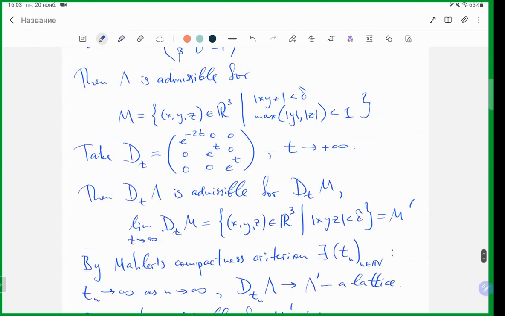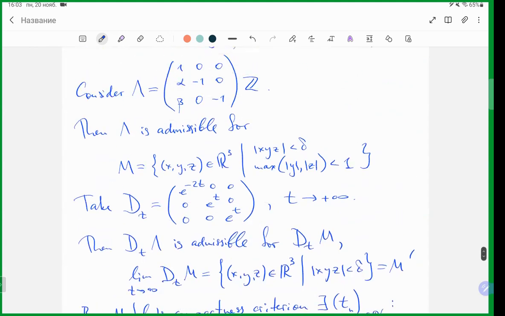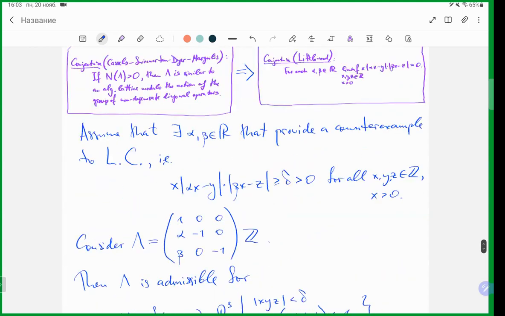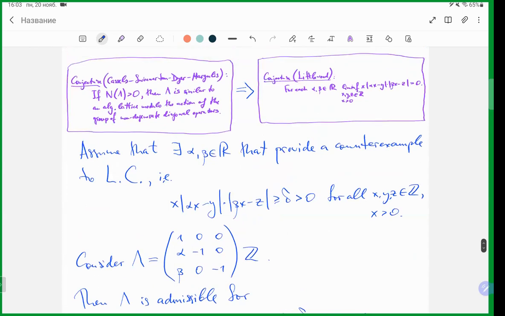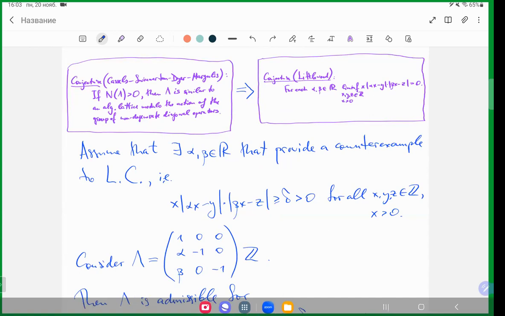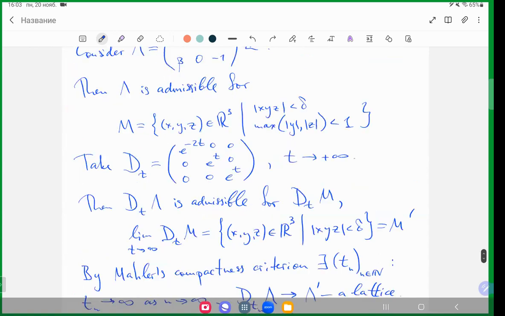So by Cassels-Swinnerton-Dyer Margulis conjecture, we conclude that this lattice should be algebraic, or similar to an algebraic one, modulo the action of the group of non-degenerate diagonal operators.